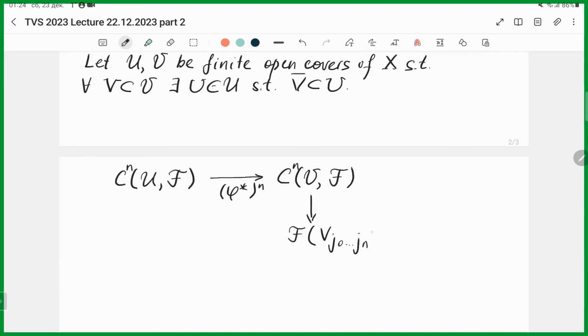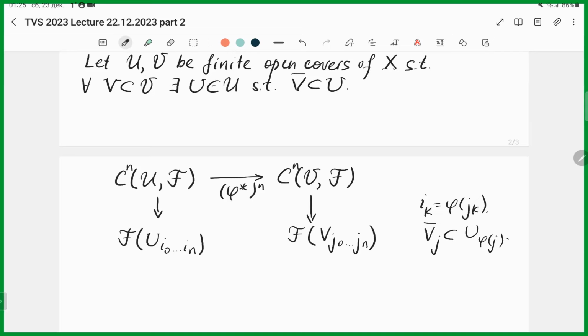By the definition of this refinement morphism, this map factors through the section space of F over U corresponding to i0 to in, where each index ik is phi of jk, and phi is the refinement map which takes j to phi of j, such that the closure of Vj is contained in U phi of j. This is just the construction of our phi.